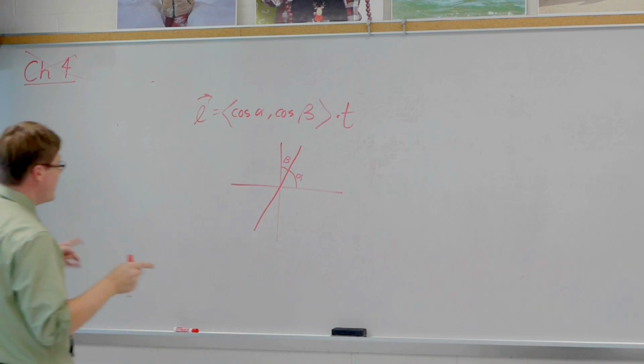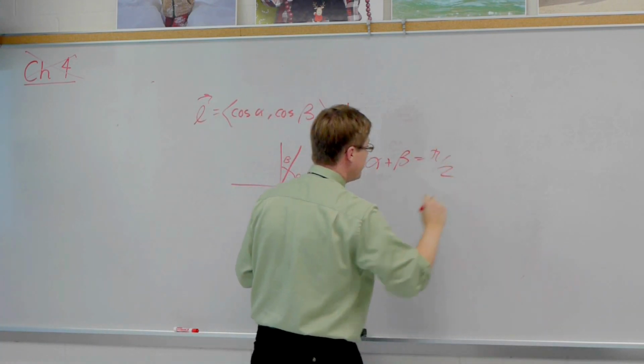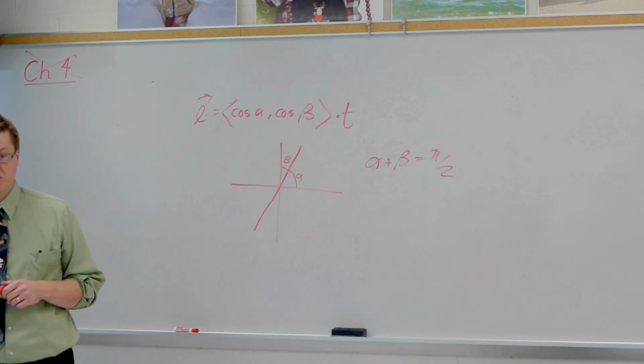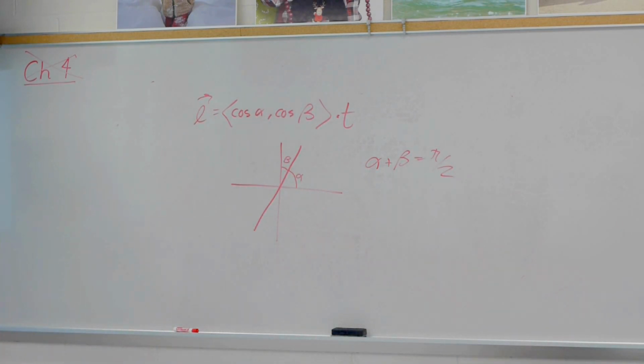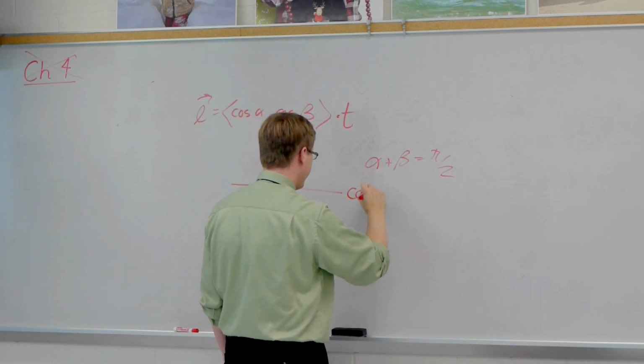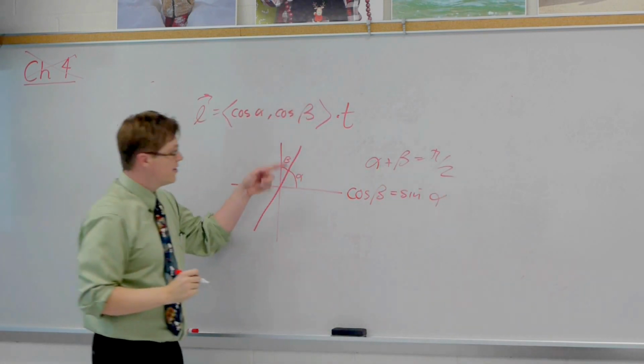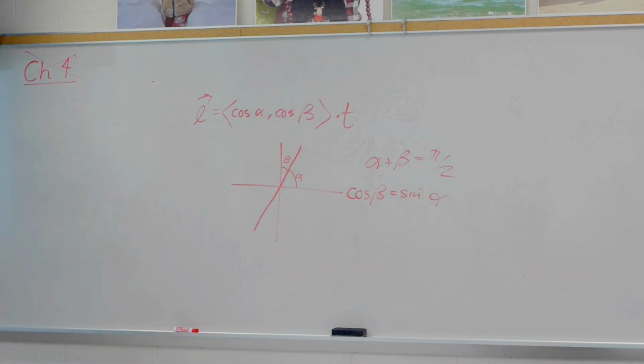In the plane, and in the plane only, alpha plus beta is 90 degrees. So cosine of beta is equal to sine of alpha, because they're cofunctions, it's a cofunction identity.